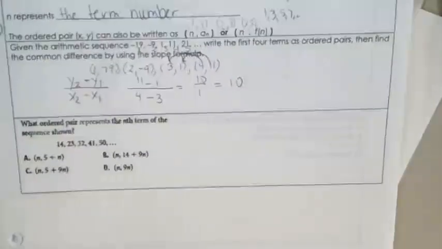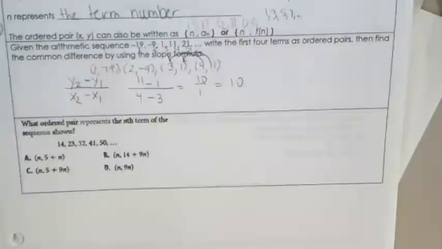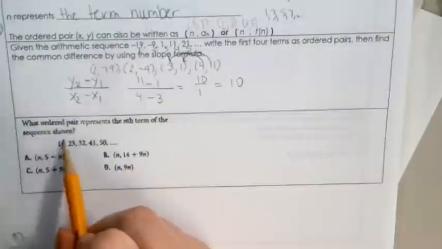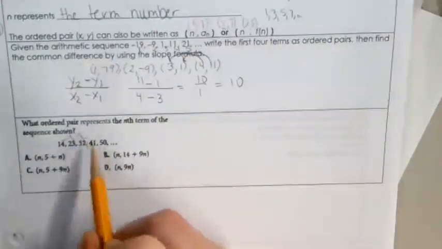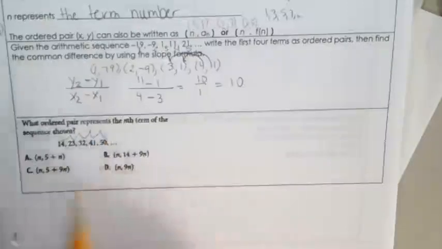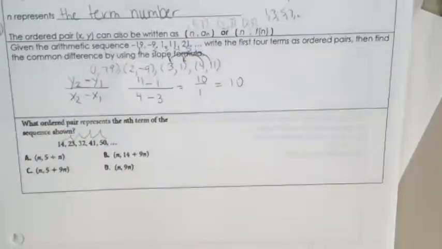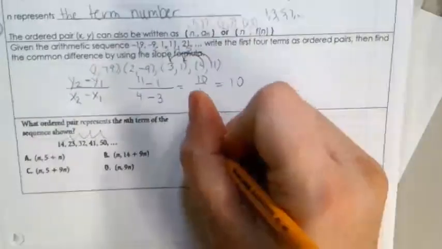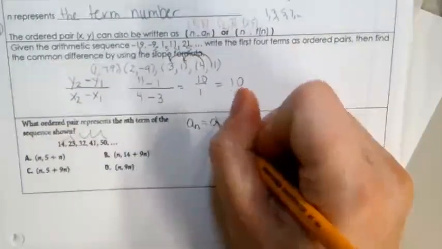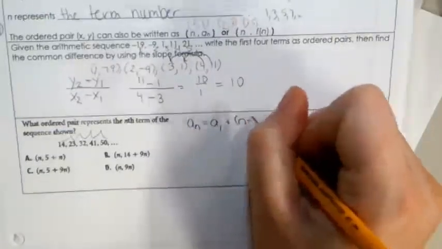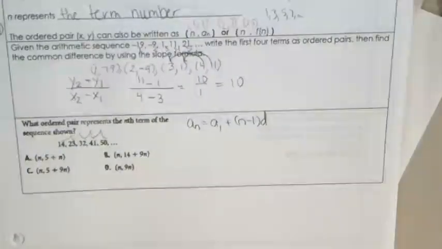All right, so now we want to find an ordered pair that represents the nth term of the sequence. So if you look at the sequence from here to here, to here, to here, to here, each time you're doing the same thing. Each time you're adding 9, adding 9, adding 9. So that means it's an arithmetic sequence. Once I know it's an arithmetic sequence, then I know that a sub n is equal to a sub 1 plus n minus 1 times d.